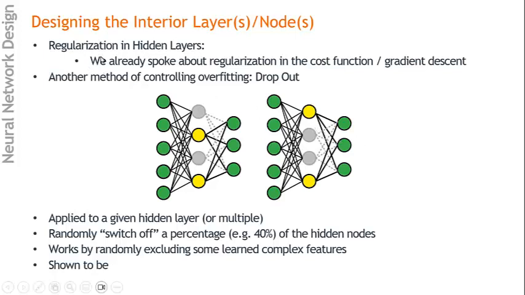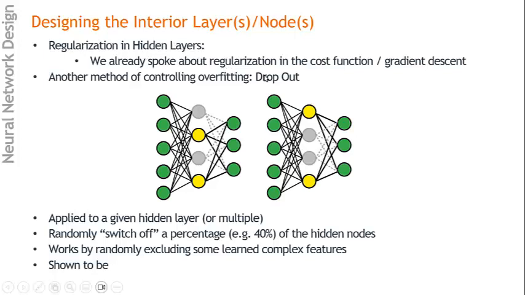Now, there are other techniques for regularization. And as I said, regularization is quite important because you can use an over-complex network to solve a simple problem, but you would certainly need some techniques for making sure that you're not overfitting.